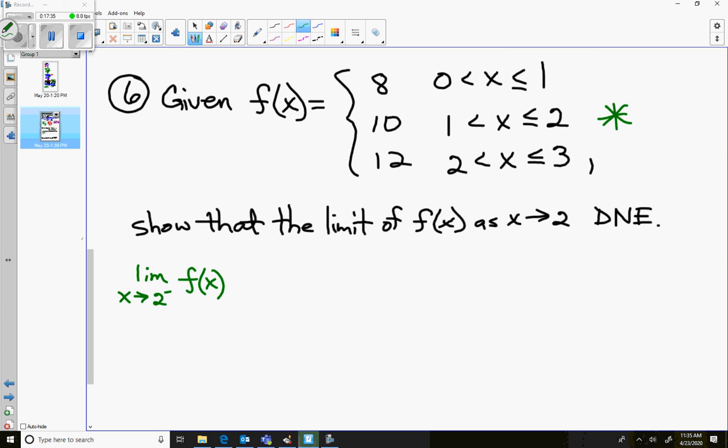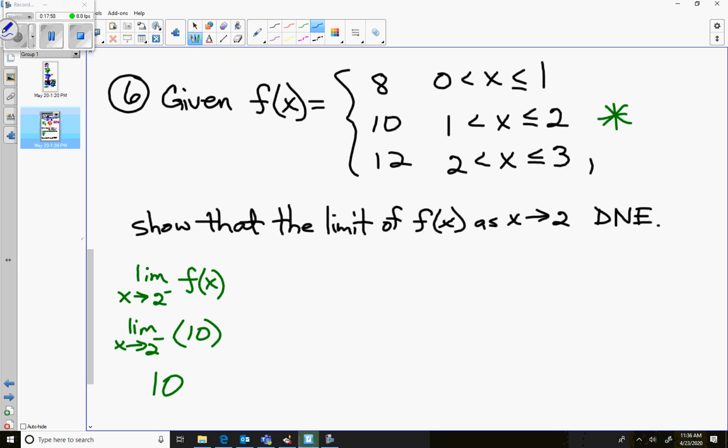That would be this part right there. So it would be the limit as x goes to 2 from the left, and my function is simply 10. Now, everywhere I have an x, plug in 2. There's not any x's. The answer is just simply 10.